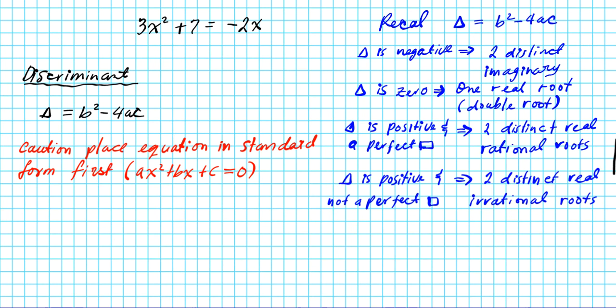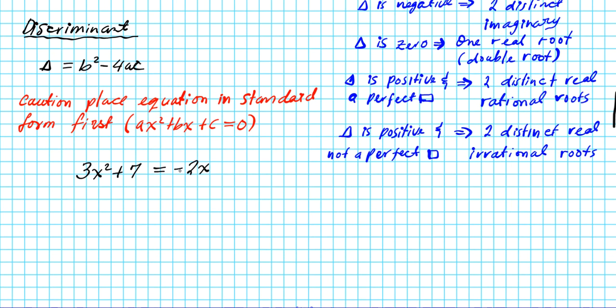All right, so let's go ahead and carry out our manipulation. 3x squared plus 7 equals negative 2x is clearly not in the standard form because, as you can see, it's not equal to 0. To transform it into the standard form, we simply add 2x to both sides, so it will be equal to 0, and then rearrange the terms accordingly.